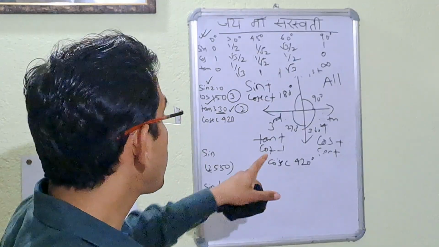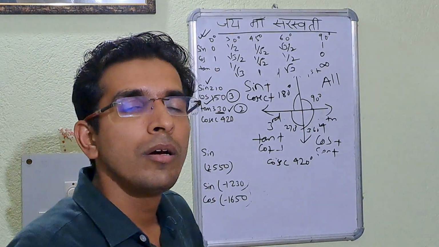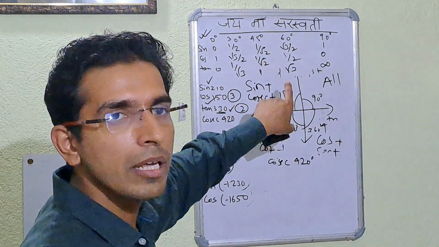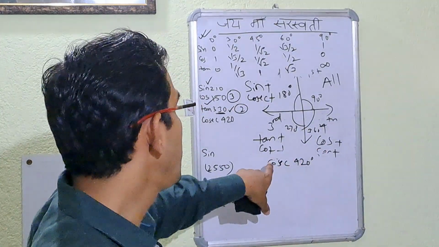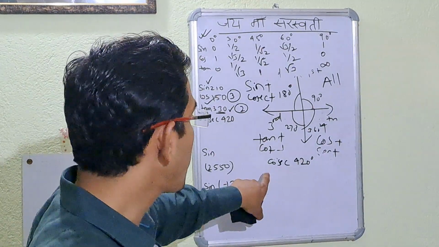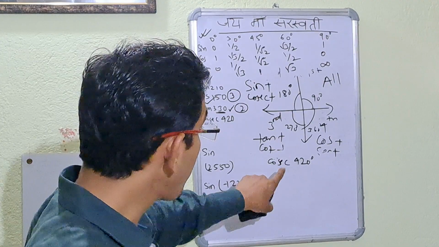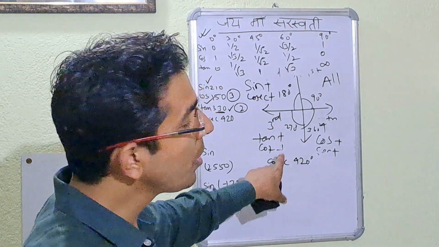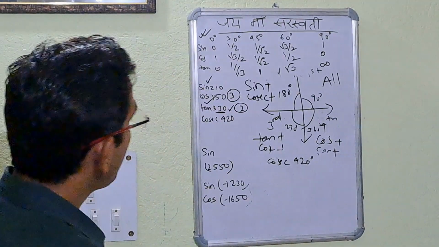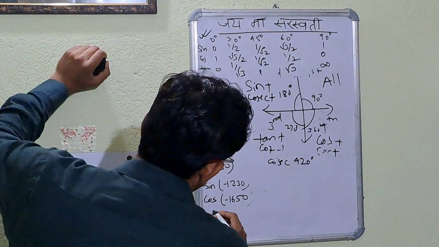In this case, we can solve this numerical by two methods. The first method, which we had already seen earlier, we will apply here. It is nearer to 360 degree, so we will write cosec of 360 degree plus 60 degree. And the second method, we will write differently.